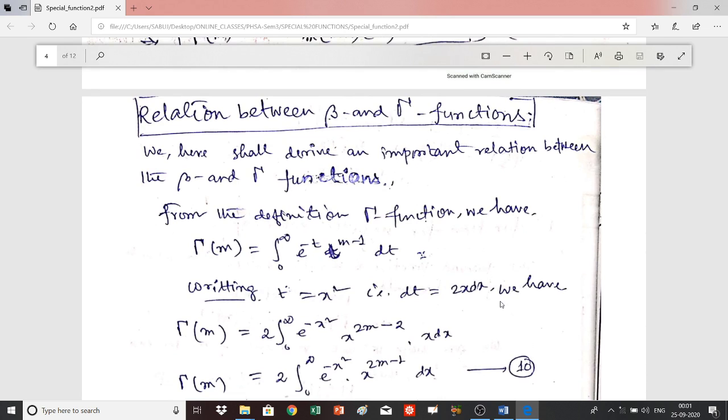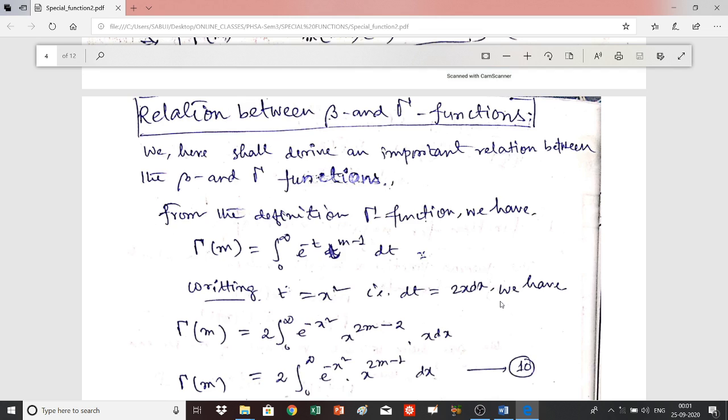In that case, if you convert the beta function into gamma functions, and you know that the value of an integer gamma function is very simple, then once you convert a beta function into gamma functions, the calculation will become very easy.